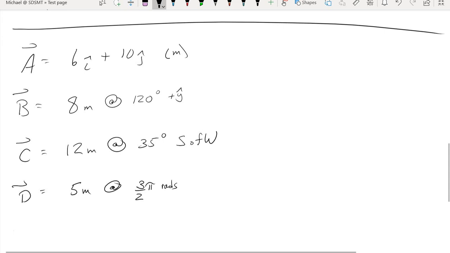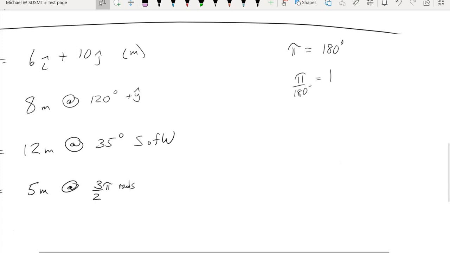We've been using degrees for our angle measurements, but another possible unit for angle measurements are radians. And if you remember from your days back in trig, pi is equal to 180 degrees. And so we can use this ratio of pi over 180 as a unit conversion.